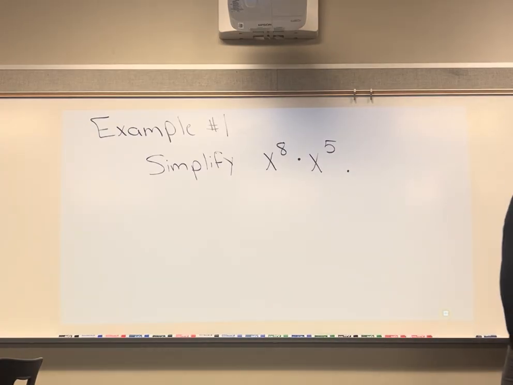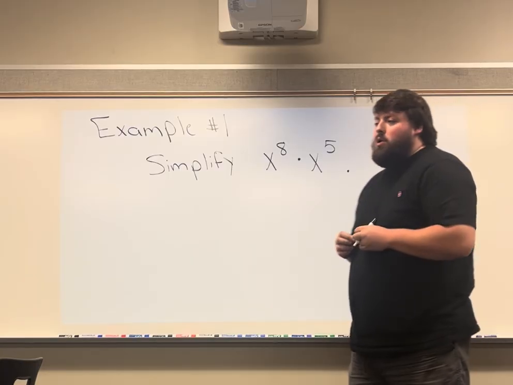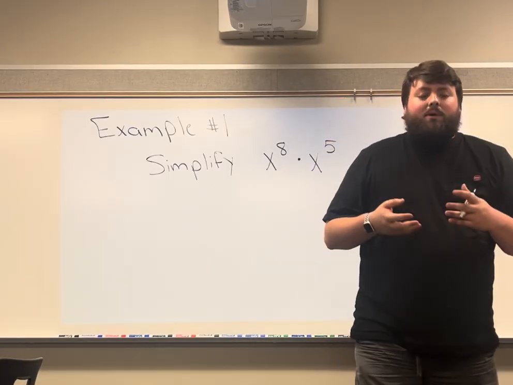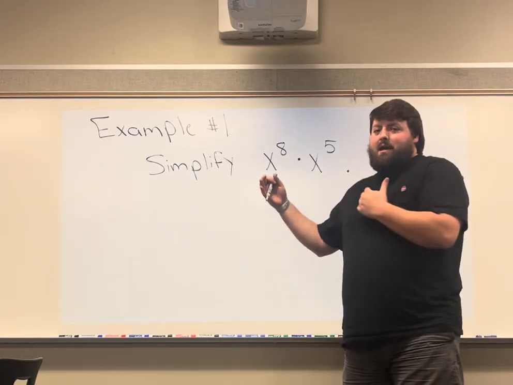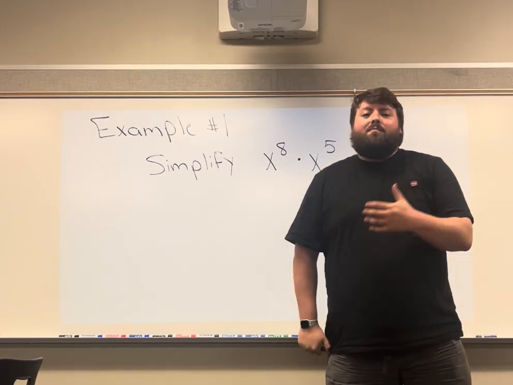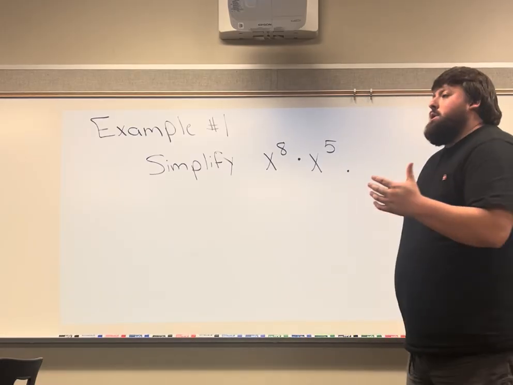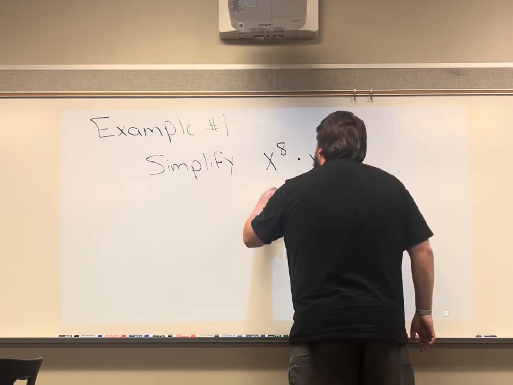Okay? So remember, as we're looking at these problems and we're multiplying monomials, we're looking for first the same bases. We see that x to the 8th and x to the 5th both have a base of x. So whenever we multiply monomials, what we're doing is we're adding the exponents.